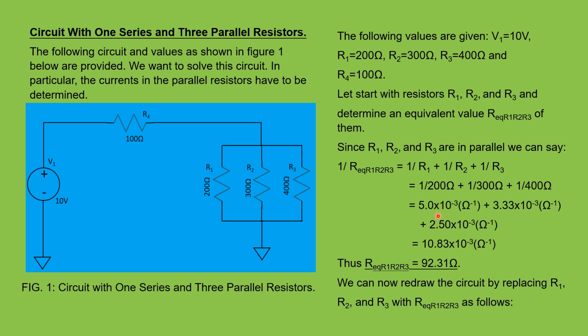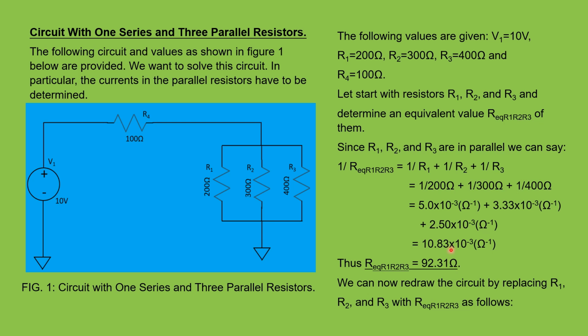5.0 times 10 to the minus 3 plus 3.33 times 10 to the minus 3 plus 2.5 times 10 to the minus 3, which, if we add them up, gives us 10.83 times 10 to the minus 3.